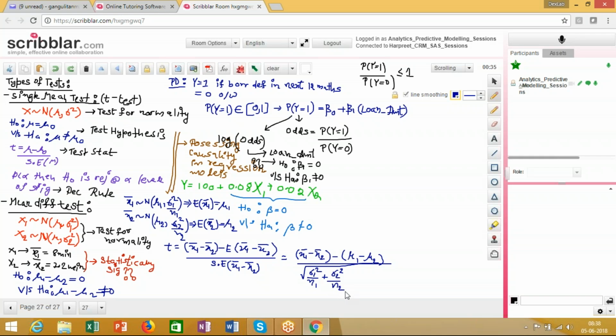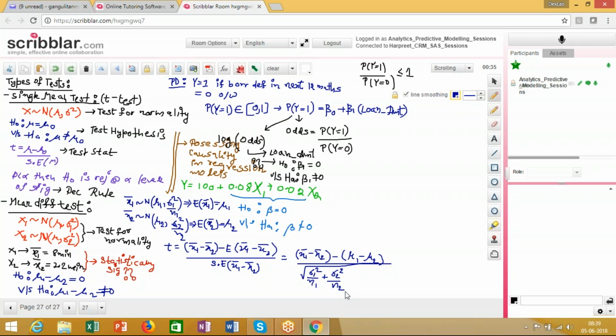Our basic assumption is that the two samples are independent of each other. Therefore, there is no covariance associated with them. So this is how the t statistic would look.